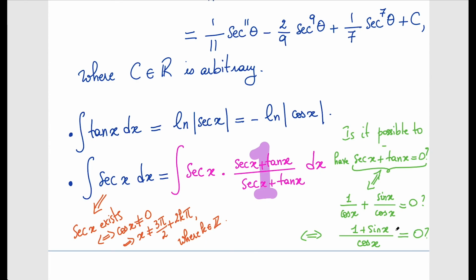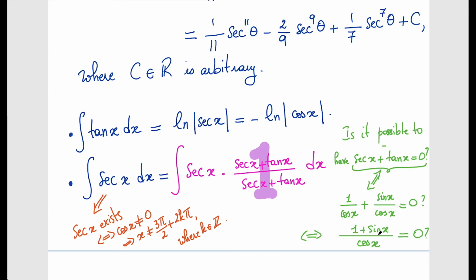So now can this happen? Well, keep in mind, cosine is not 0, right? And if cosine is not 0, x is not any of these points. It's not 3 pi over 2 plus 2k pi for any integer k, right? So since x cannot be as such, this means that this numerator cannot be 0.